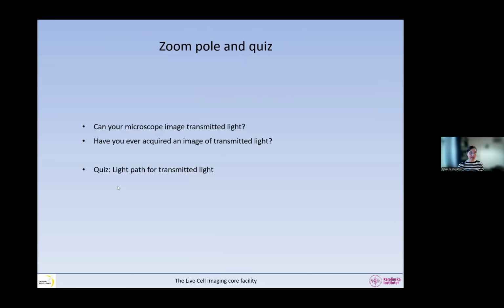So now we have a little Zoom poll. Let me see. Polls here. Okay, I have a little question for you. Does your microscope image transmitted light?